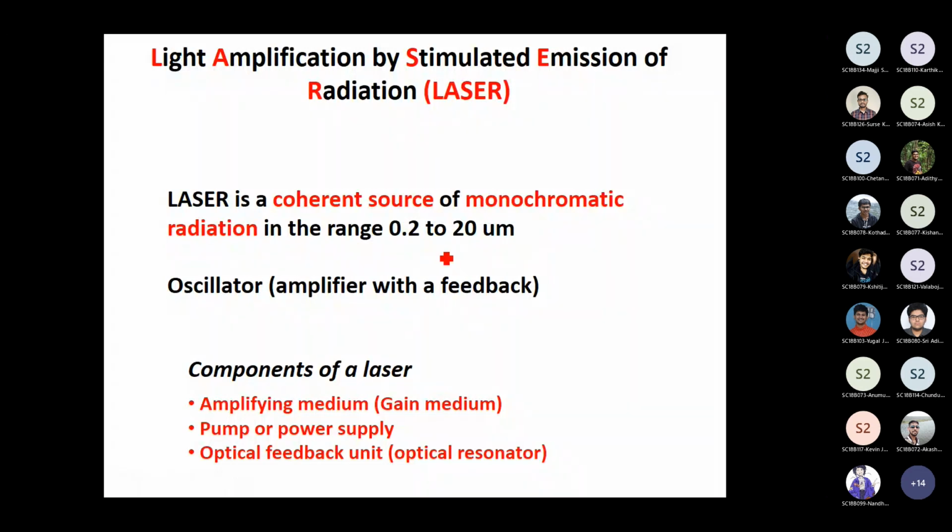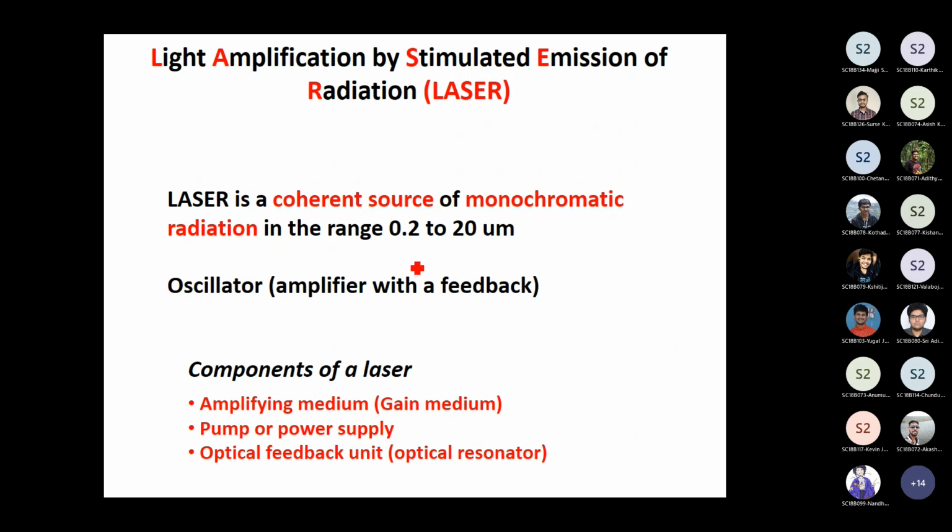A laser is a coherent source of monochromatic radiation whose range could be anywhere from 200 nanometer all the way up to 20 micrometer. It's an oscillator, not really an amplifier.